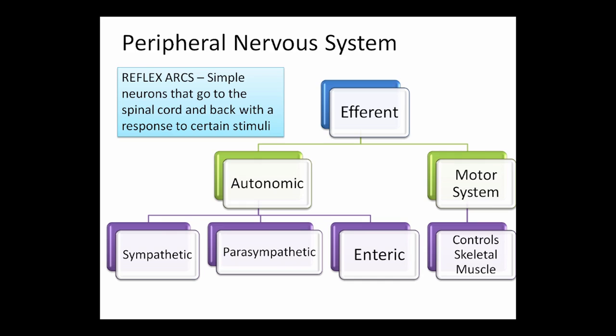The enteric division's jobs are going to be in the digestive tract, the pancreas, and the gallbladder. Their job is to digest and keep your digestive system going properly. That's your enteric division of the autonomic nervous system. You don't have to even think about it.